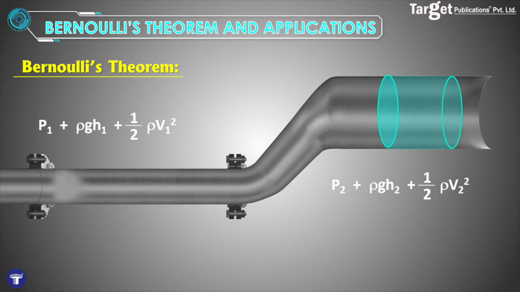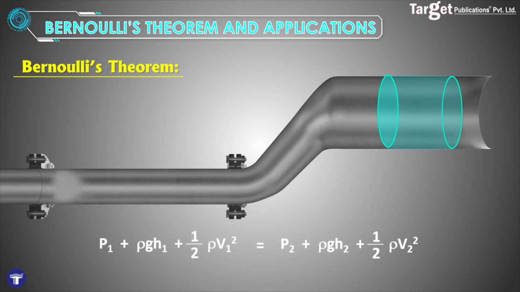And therefore I will get that P1 + ½ρV1² + ρgh1 = P2 + ½ρV2² + ρgh2.